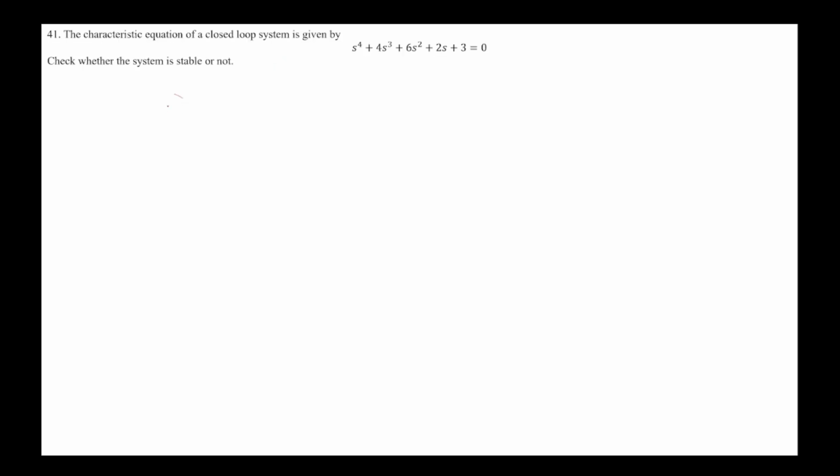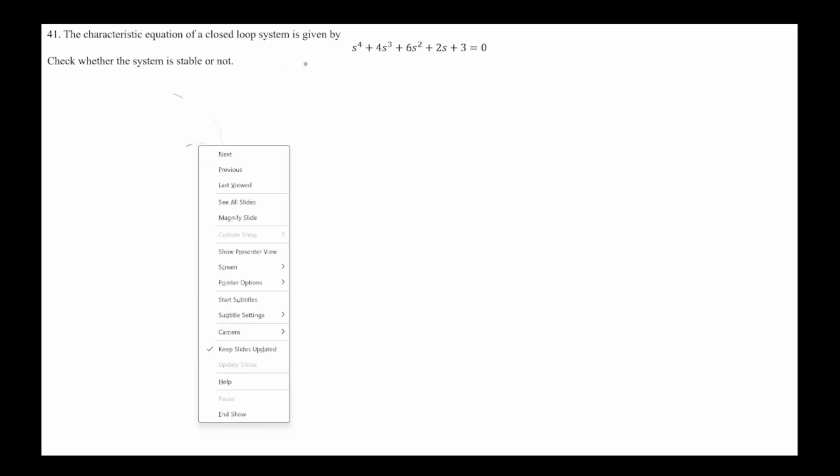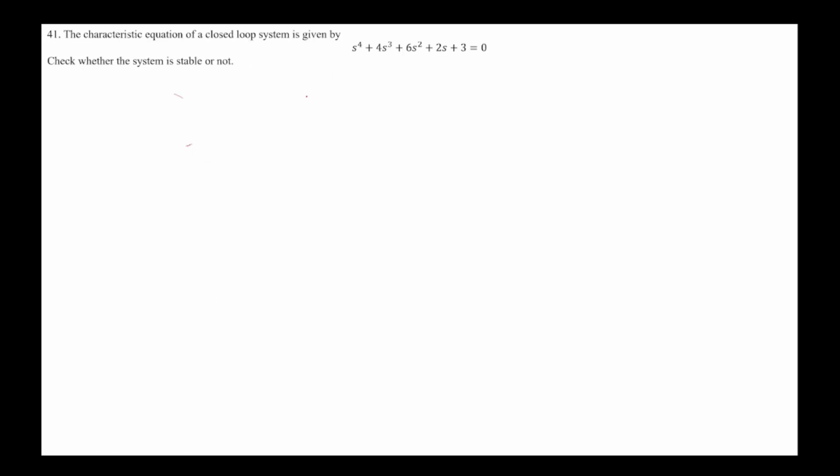The characteristic equation of a closed loop system is given. This is the characteristic equation, and we have to check whether the system is stable or not. So apply Routh-Hurwitz. I think this is a very easy question, but still I'll solve.